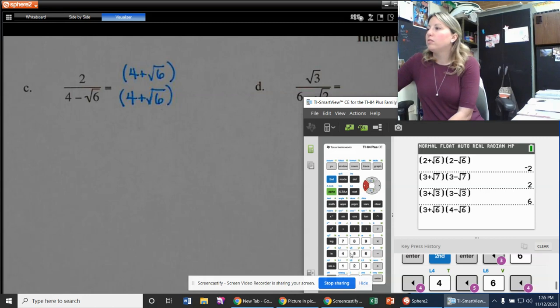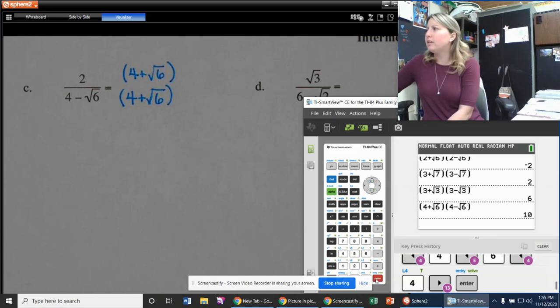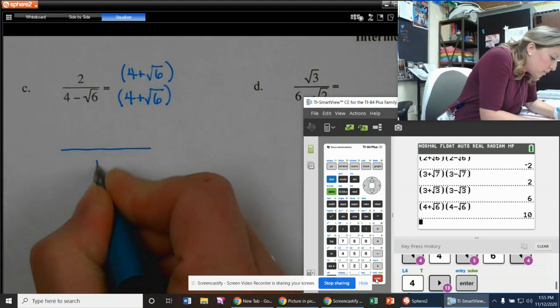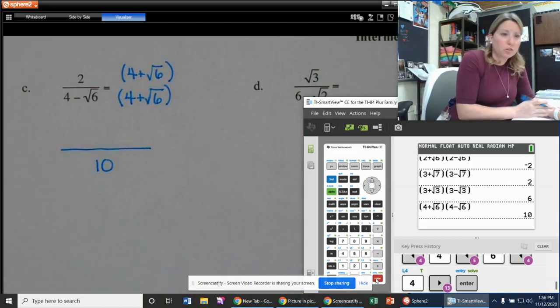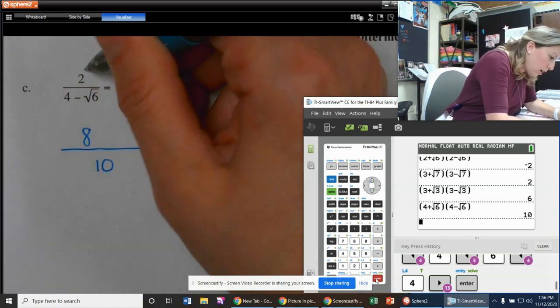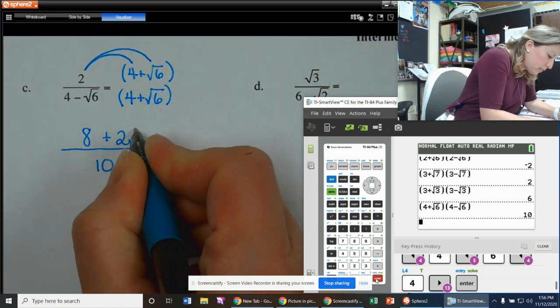Keep going. Here we go. Okay. So I'm multiplying these conjugates together. This is going to be my denominator. It's 10. Sweet. Now the numerator, I'm just distributing. So 2 times 4 is 8. And 2 times radical 6 is plus 2 radical 6.